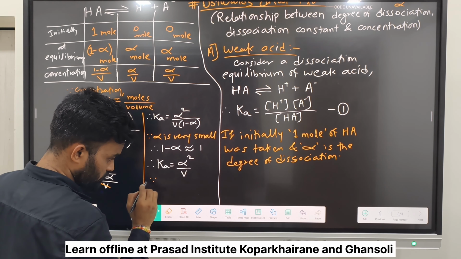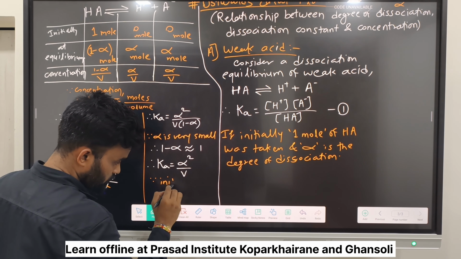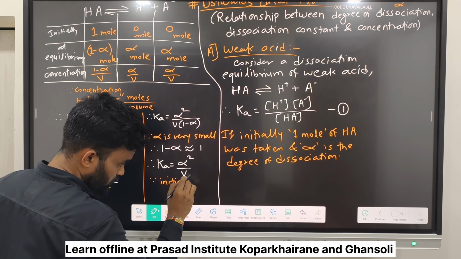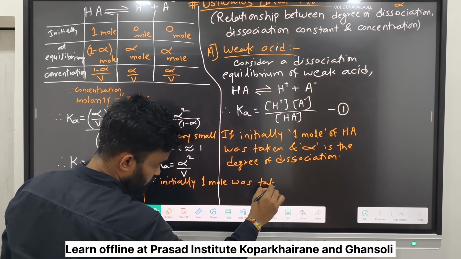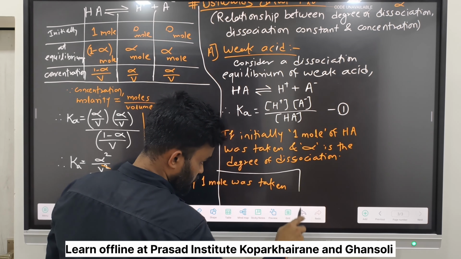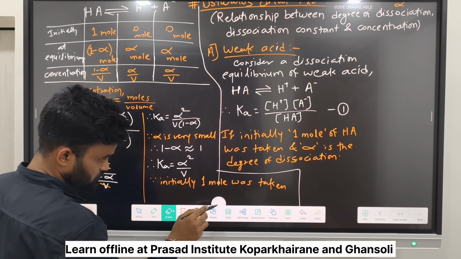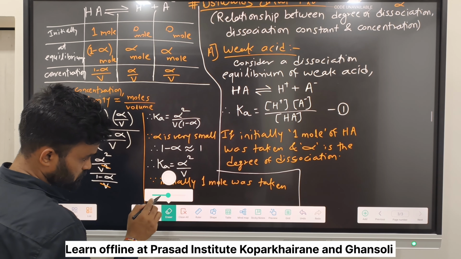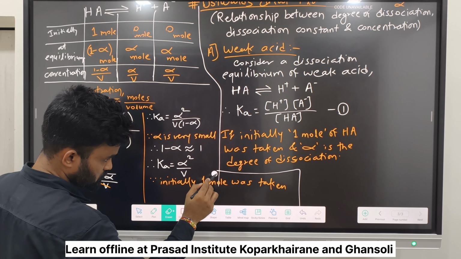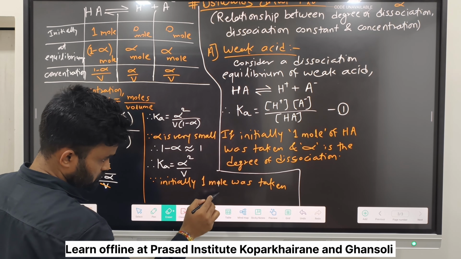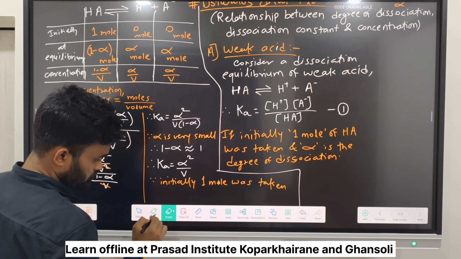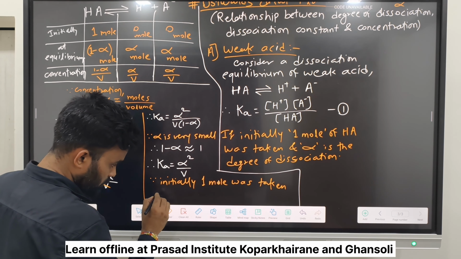Since initially 1 mole was taken, what do we do then?